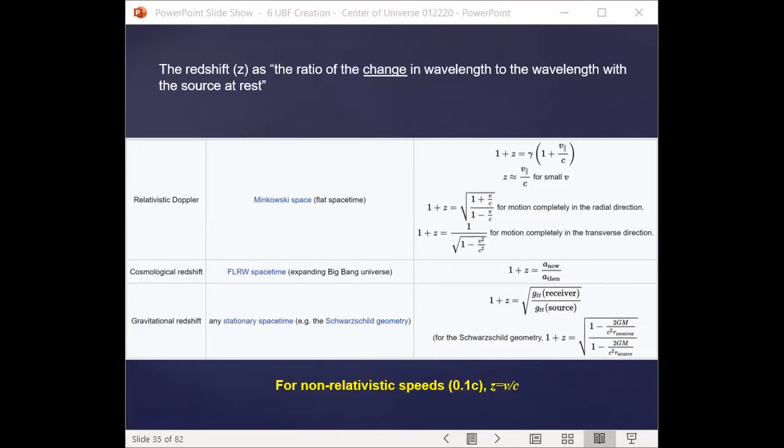The measured redshifts are usually stated in terms of a z parameter. The redshift z is the ratio of the change in wavelength to the wavelength with the source at rest. When z is large, meaning z is more than one, we have to consider the cosmological redshift, which I'm not going to go into detail.